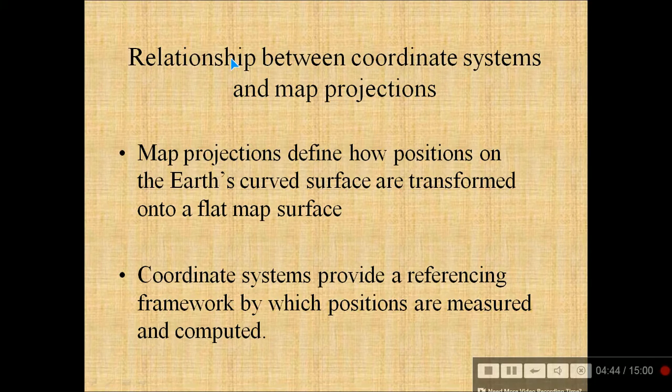The relationship between coordinate systems and map projections: map projections define how positions on the Earth's curved surface are transformed onto a flat map surface, and coordinate systems provide a referencing framework by which positions are actually measured and computed.